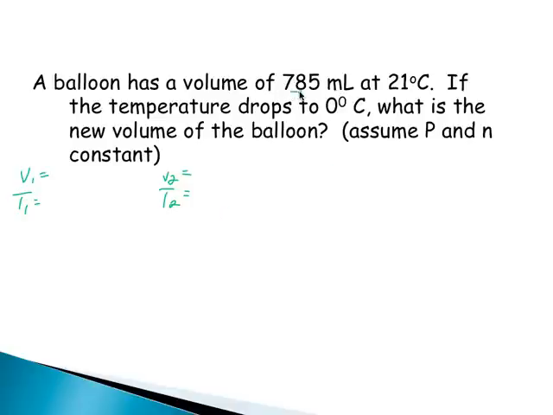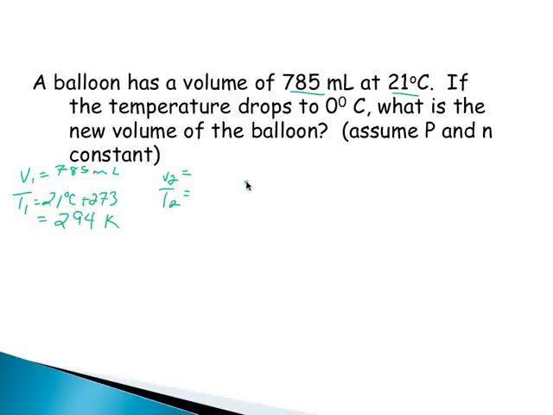Volume and temperature go together, so 785 milliliters. I have 21 degrees Celsius plus the 273, which always has to be converted to Kelvin, will give me 294 Kelvin.